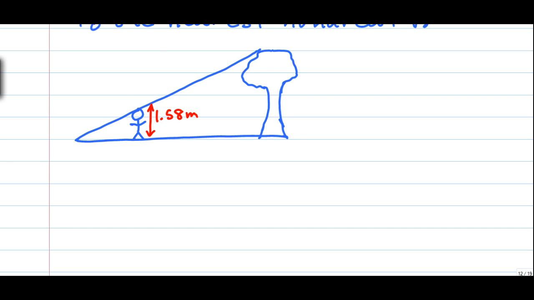The next thing that we know is that this person walked from the base of the tree to their current position, and it was 20.84 meters. So let's put that on there, 20.84 meters. We also know that the person stopped when their shadow reached the end or the tip of the shadow of the tree, and that distance is 6.17 meters.